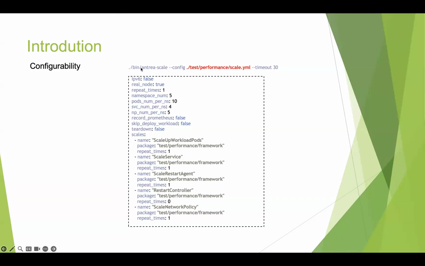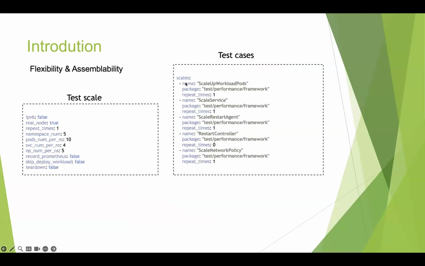For example, like this. The configuration file can be divided into two parts. The first part controls the scale of the test, and the second part controls different test cases through the combination and arrangement of individual test cases.